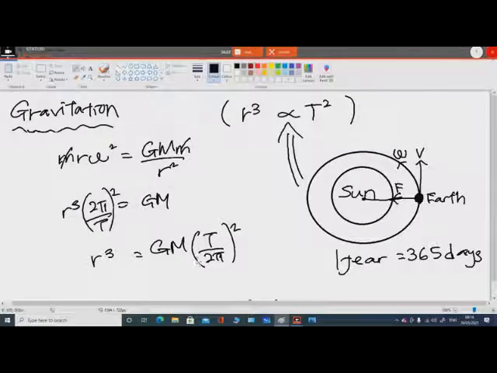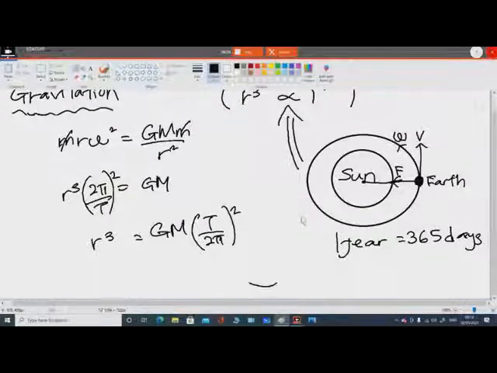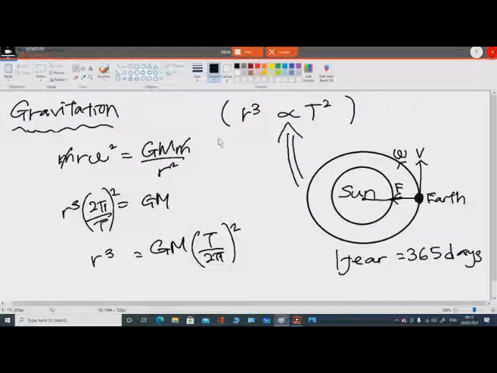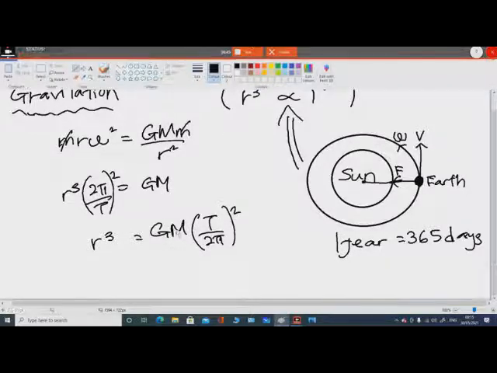So let me write it down so that we can see it clearly. How do we represent it in terms of a sentence?